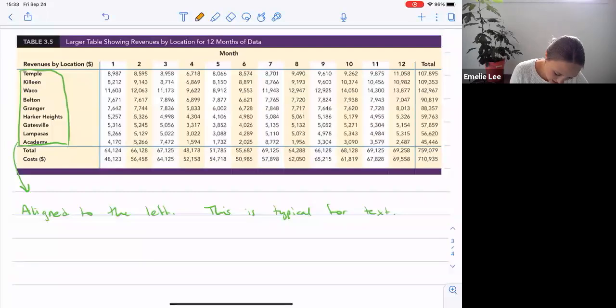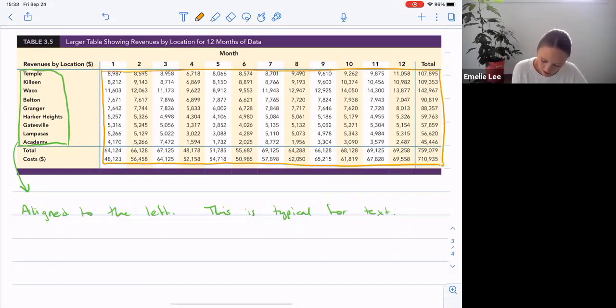The next thing I want to mention is all these values in the body of the table and in the totals. As soon as we're talking about numbers, we tend to align to the right. The reason is that if they all start to the right, then we can see differences in magnitude quite easily.